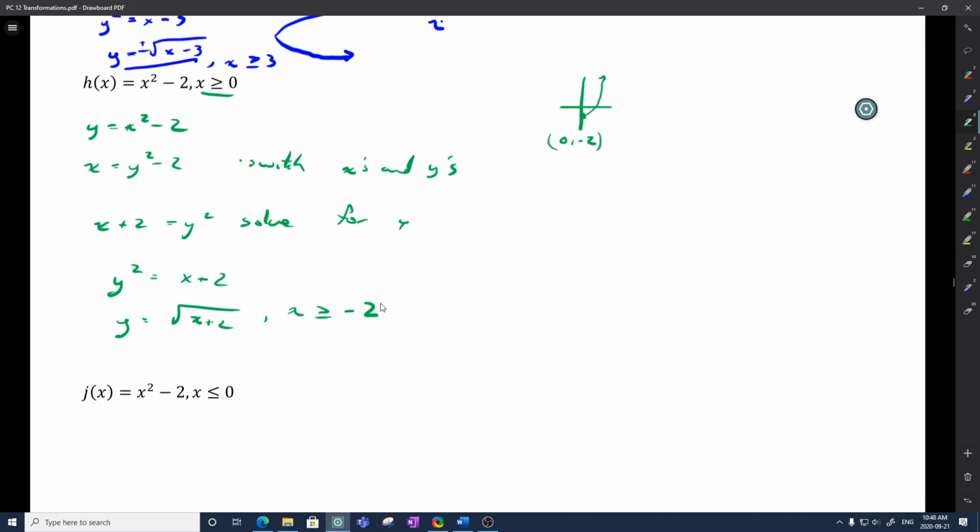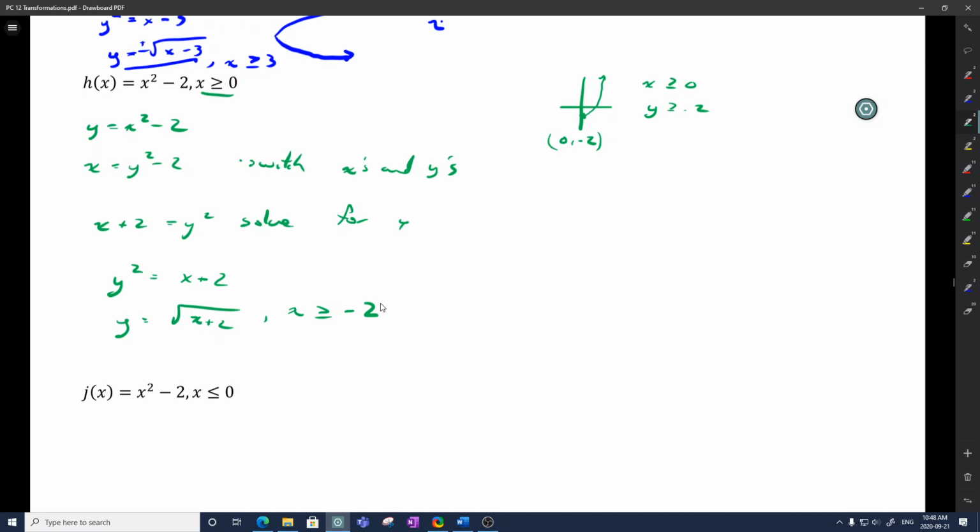So now, if you notice that when I took the square root of both sides, I only considered the positive root. And it's because, getting back to this question, if you look at the domain and range of this, it says x is greater than or equal to 0, y is greater than or equal to -2. We included the positive arm here. So that's why I've only included the positive root.